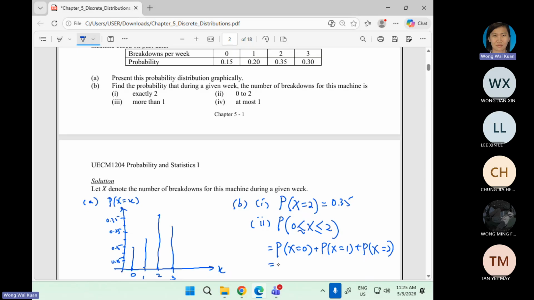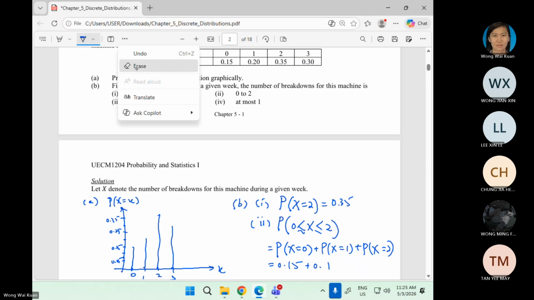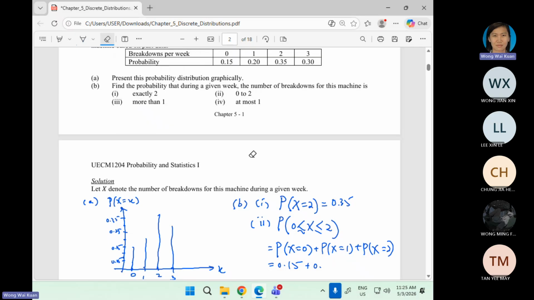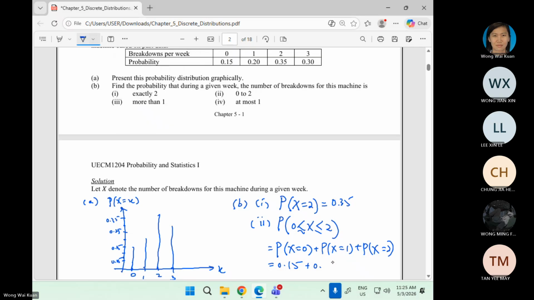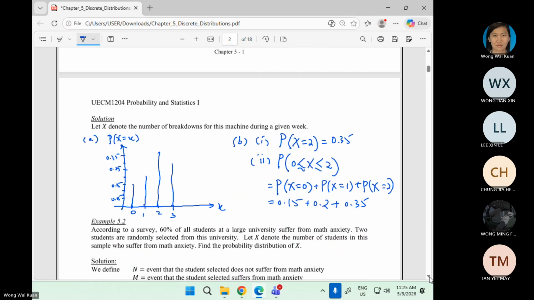So X equals 0 is 0.15, X equals 1 is 0.2, and X equals 2 is 0.35. So altogether we have 0.7. Okay?